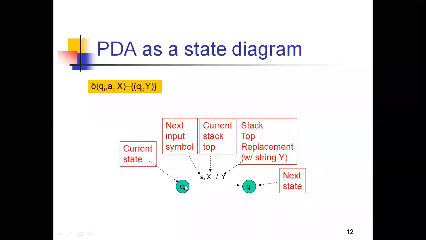Qi is the current state along with the input symbol and the top of the stack, and it is generating an output where the new top of the stack is y. That means the stack top replacement string y, and it goes to qj. Qj is always the next state, right?